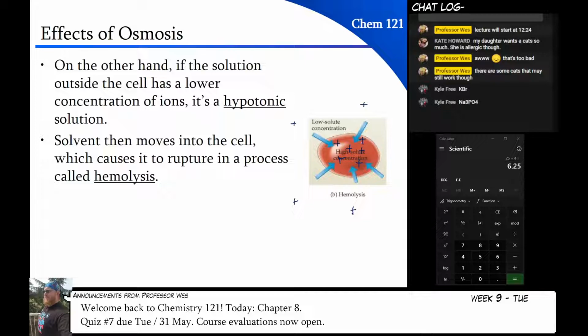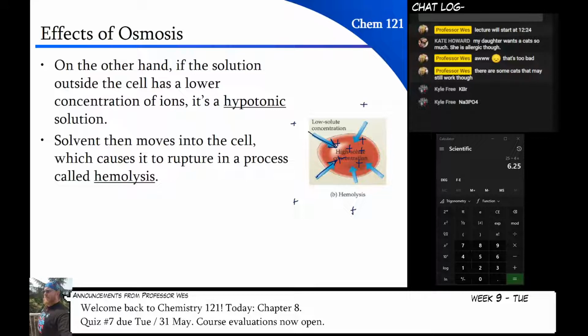So this will occur if you overhydrate. If you drink too much water, then you dilute the amount of ions that are in your blood. And in this case, water moves in the same direction, from low concentration to high. It wants to dilute where there are too many ions to get equal mixing.